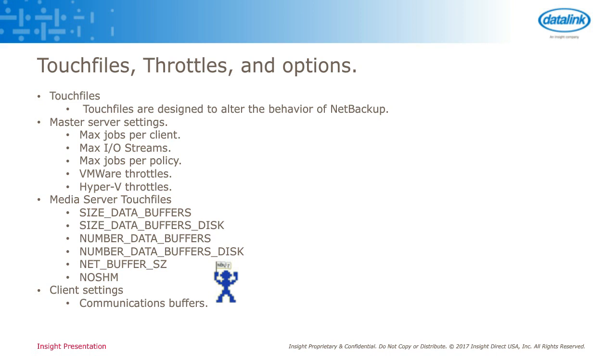Starting with the master server settings that you can alter in the GUI will be your max jobs per client, max IO streams, max jobs per policy, VMware, and Hyper-V throttles.